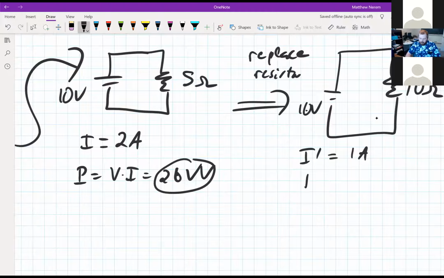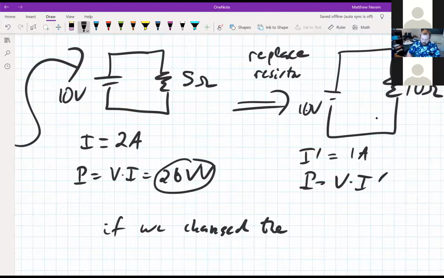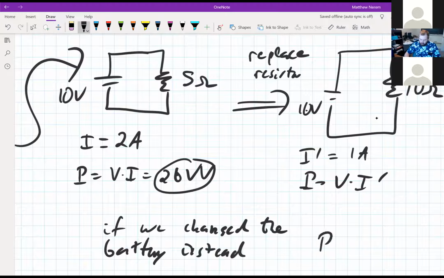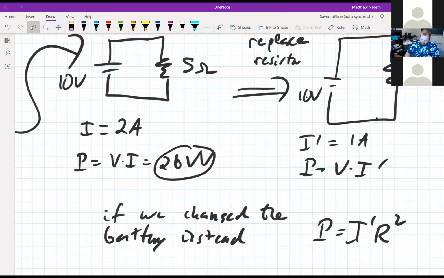So I would still use P equals V times I prime. If we change the battery instead, though, then I'd say, look, P is I prime squared times R.